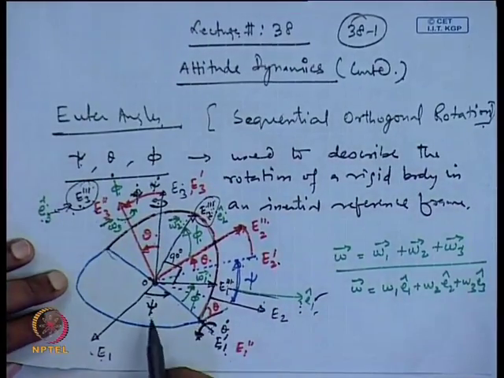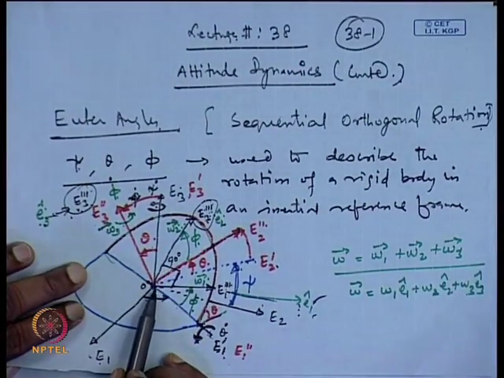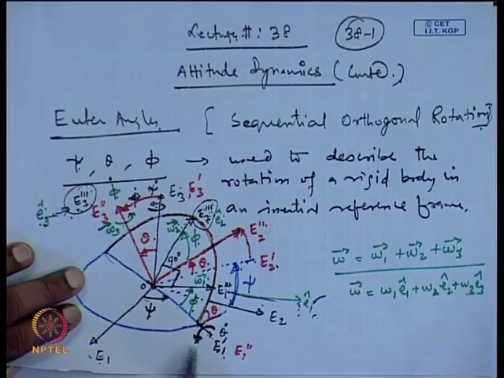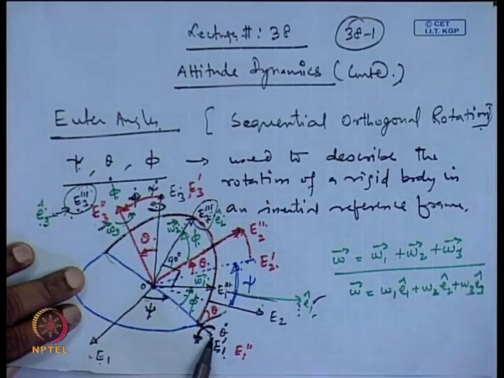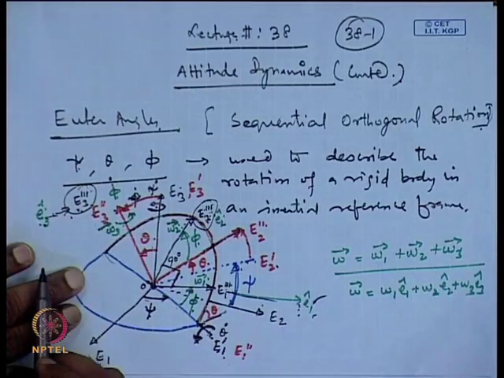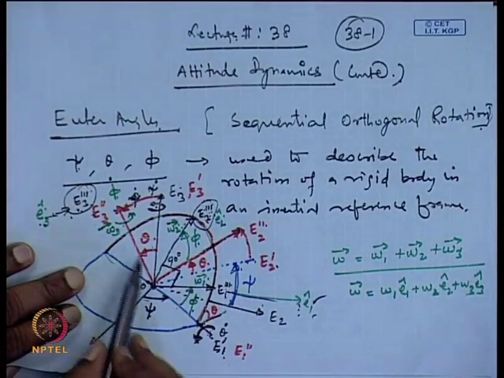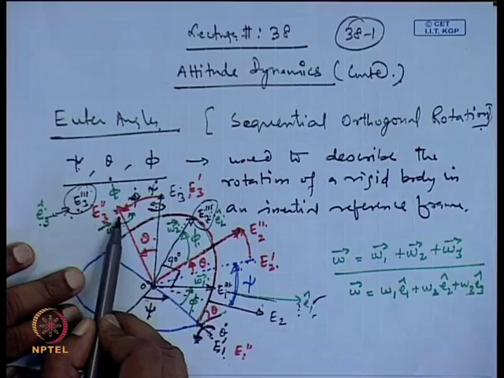So, going back to this figure, you can see that we have psi dot along this axis, theta dot along this axis, and phi dot along this axis, and we want to convert all these in terms of omega 1, omega 2 and omega 3.